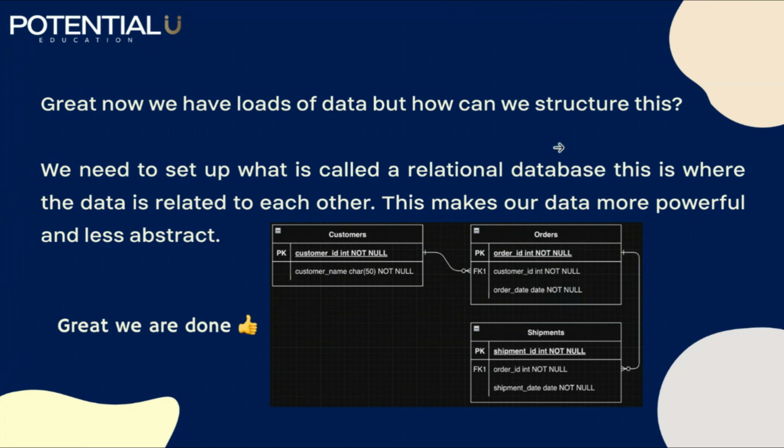By creating relationships between entities, we're able to create a more effective database. A good way of thinking of this is a student has one maths teacher, but one maths teacher has many students, and that way you can create your relationships and make your data less abstract.